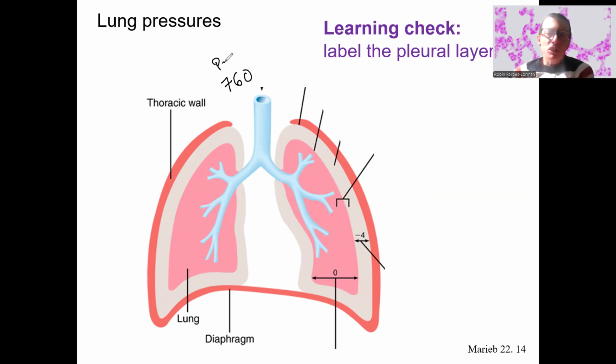First we've got pressure in the atmosphere, 760 millimeters of mercury. We're going to call that zero. And then the pressures inside the lung and other places in the body will be relative to that. So this pressure inside the lungs here, you can see it's zero. What that means is it's also 760 millimeters of mercury. It is not different than atmospheric pressure.